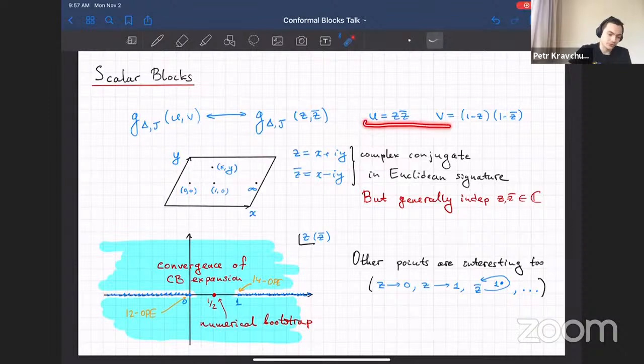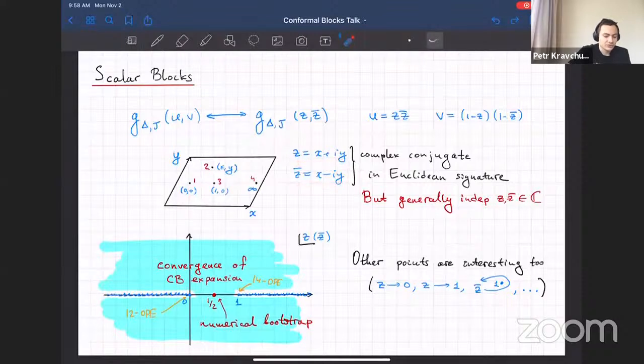which are related to u and v in this way. And physically, the meaning of z and z bar is that if you take a 4-point function and put the 4 points in some plane, you put operator 1 at coordinates 0, 0, you put operator 3 at 1, 0, you put operator 4 at infinity, and you put operator 2 at some position x, y, then z is x plus iy, and z bar is x minus iy.